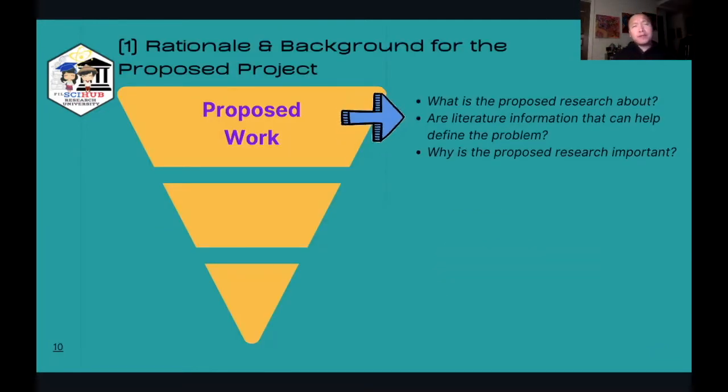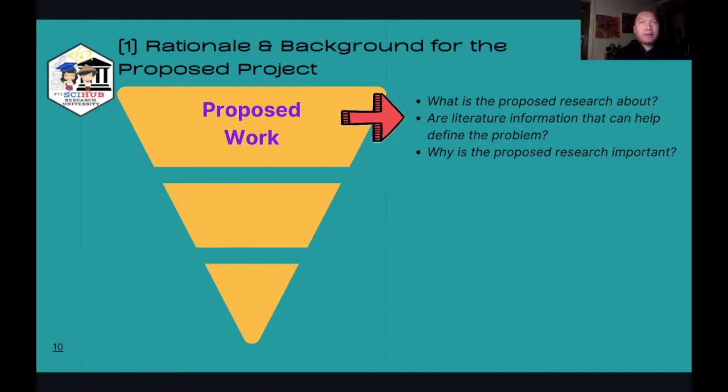Okay, so the first part of the body of a proposal is the rationale or the background for the proposed projects. In most proposals that I have written and that I have read and reviewed myself, typically experts dedicate about a page for this, so you can have at least 3 paragraphs.